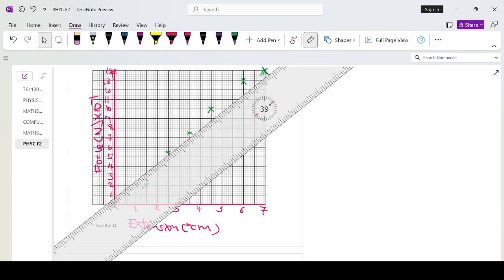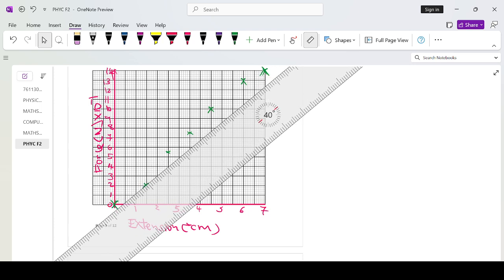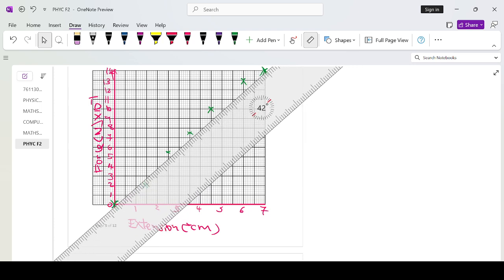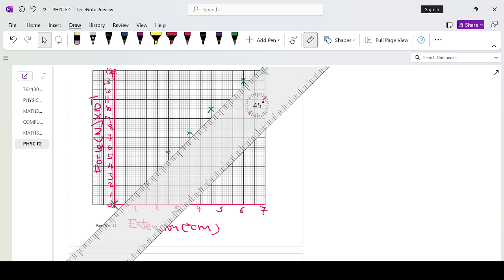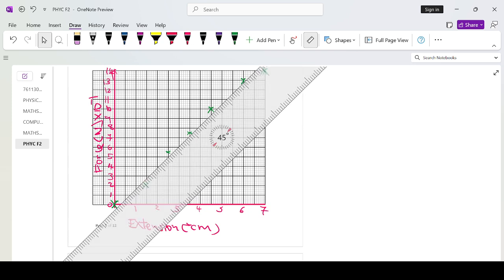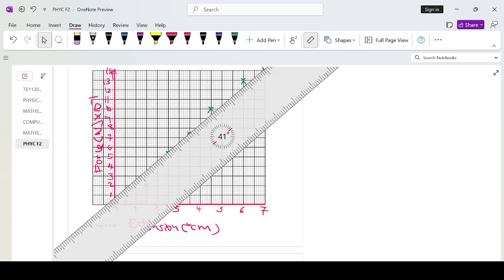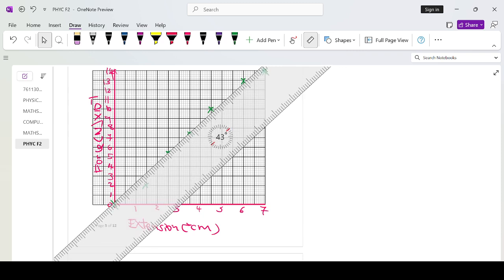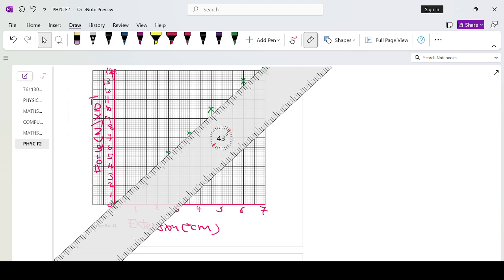If I say like this, I'll have only passed through 1 point. If I make it like that, another one. My ruler is not that simple to position, but let me see. I think that one can be better.